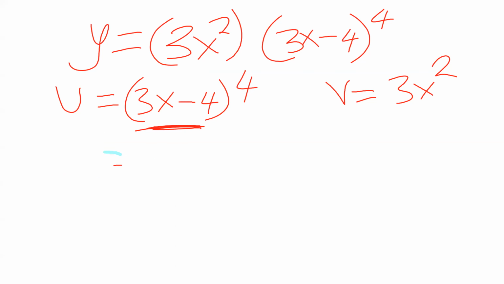So what is our u prime? What rule can we use to differentiate this expression, the u function? So far from the rules that we have covered, which one can? Power rule.